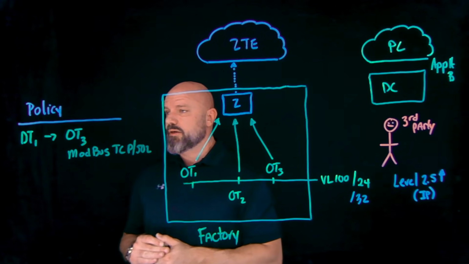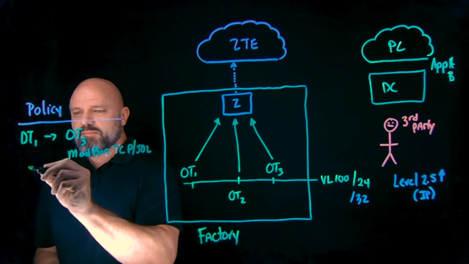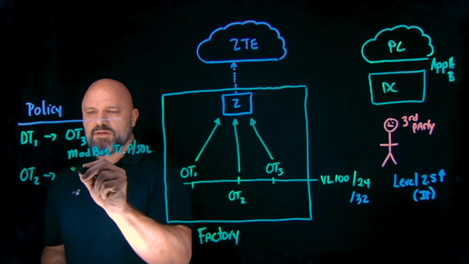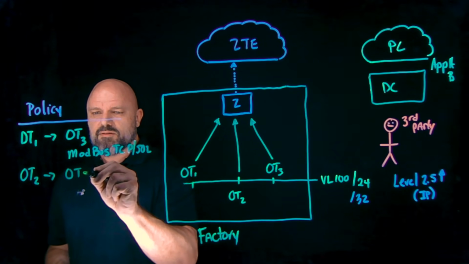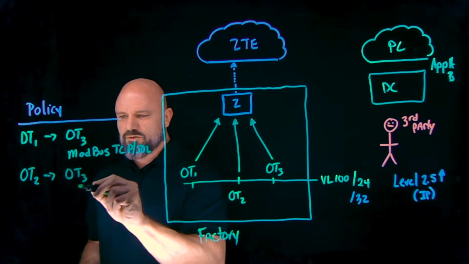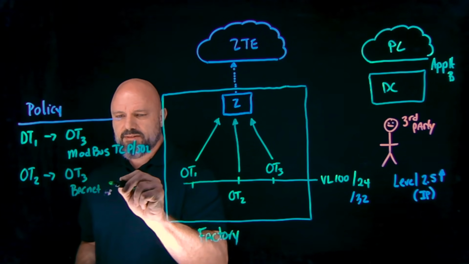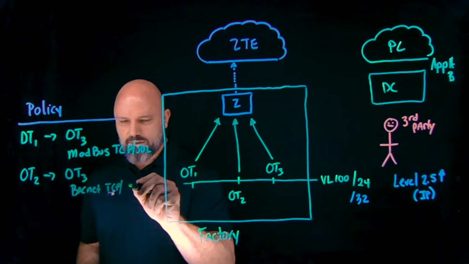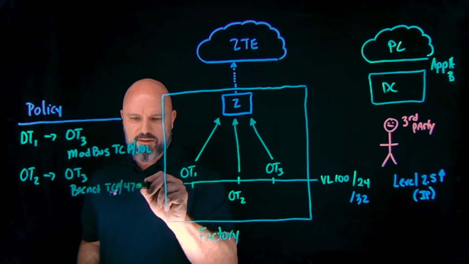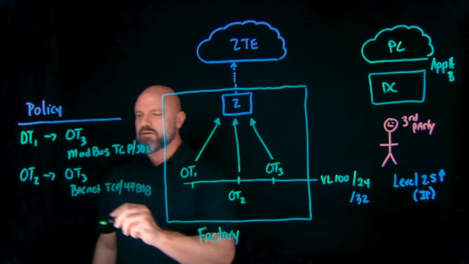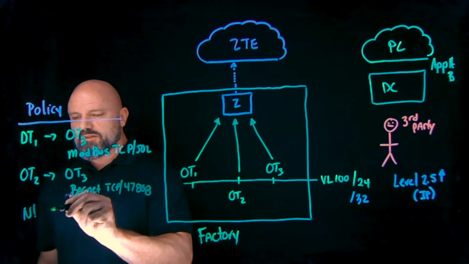Correct me if I'm wrong in the comments. And then maybe OT device 2 could also talk to OT device 3, and that one's going to do that over, I don't know, BACnet, and that's TCP port 47808.